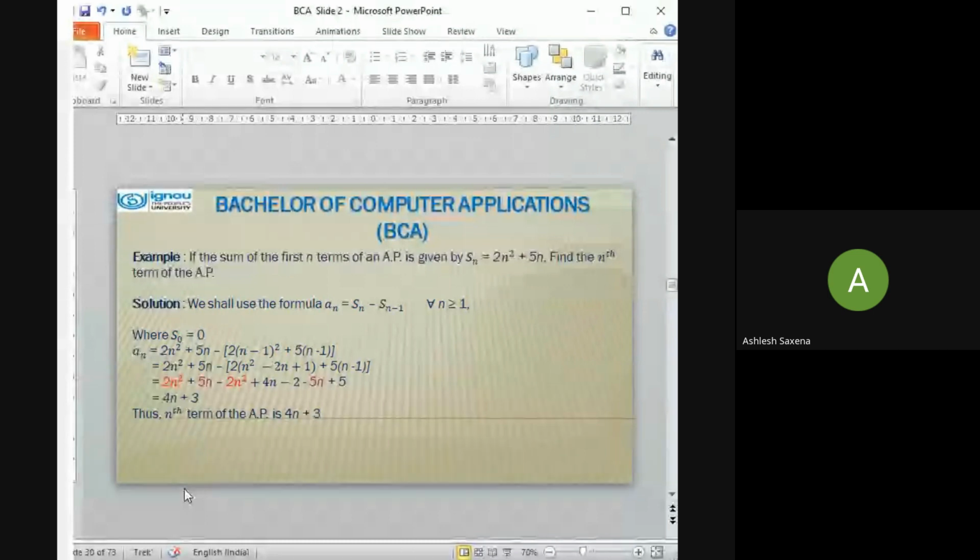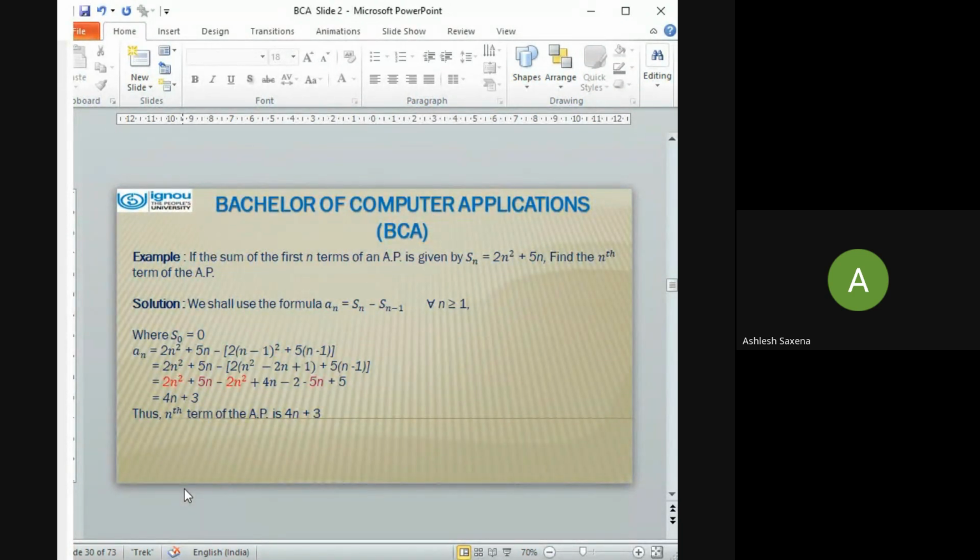Sn is given to you as 2n square plus 5n. And we are using the formula An is equal to Sn minus Sn minus 1.